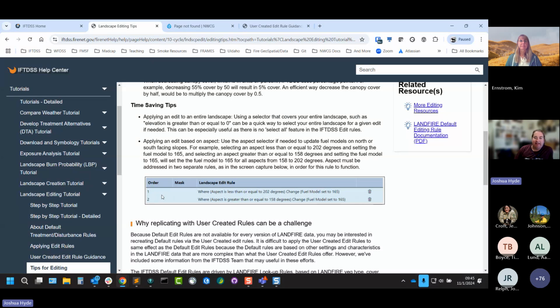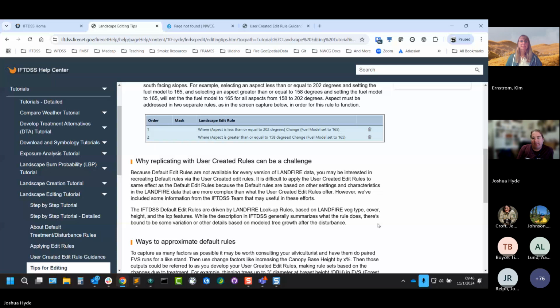So one rule changing the fuel model for aspects more than 90 degrees, and then you go in and make a second rule to change fuel model for aspects less than 270, for example. And that just has to do with the logic behind how the user created rules are programmed in IFTDSS.